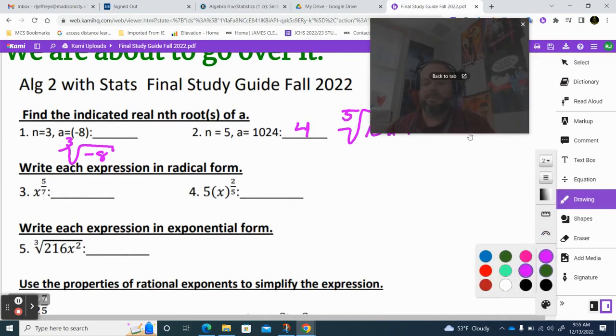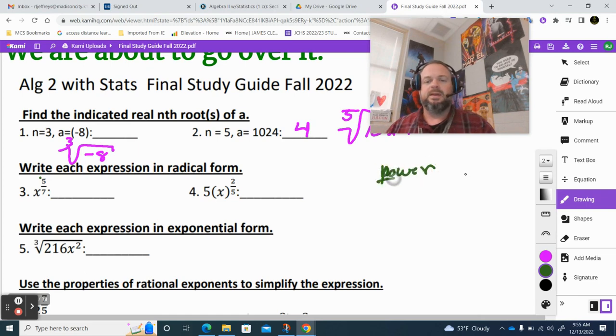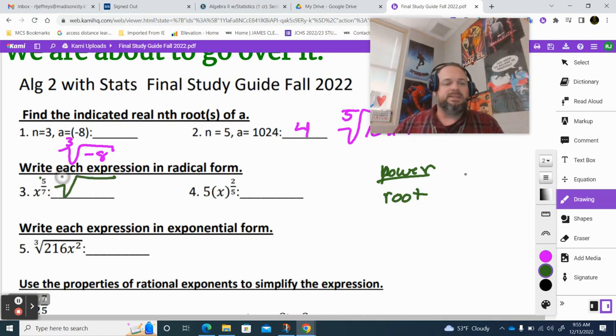Remember, the top number is the power. The bottom number is the root. So this is the 7th root of x to the 5th.